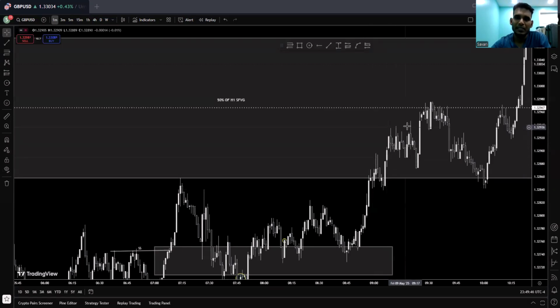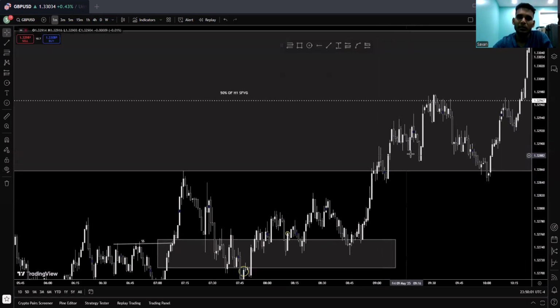Once I see this sweep of equal highs, swept and closed below this swing low, I don't like this kind of price action, so I close my position around this place. So this is going to be my first target, and this is going to be my second target. That's it.